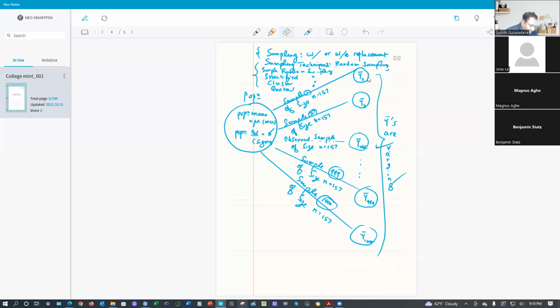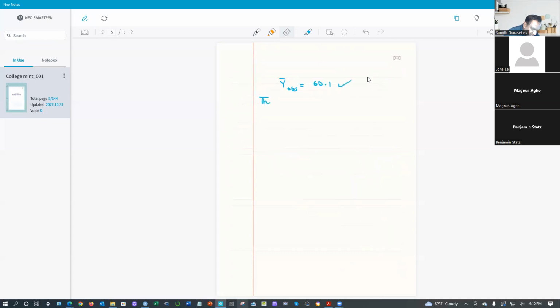Therefore, y bar can be graphically represented by a histogram.